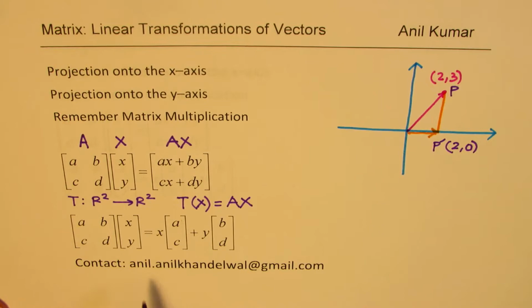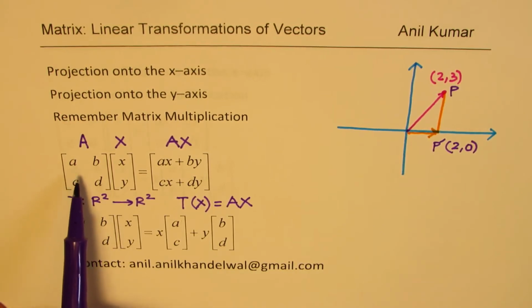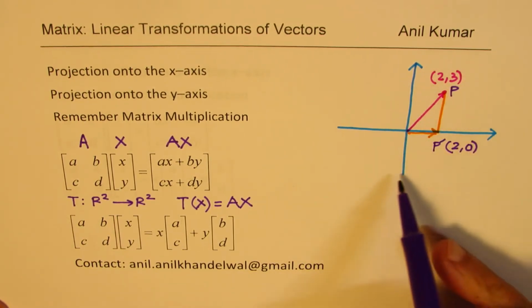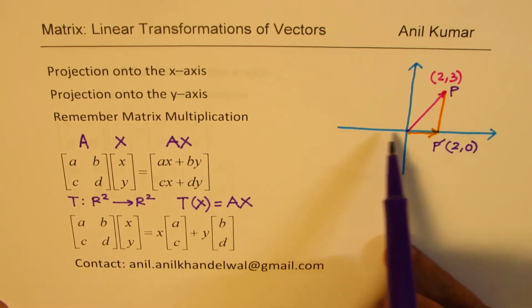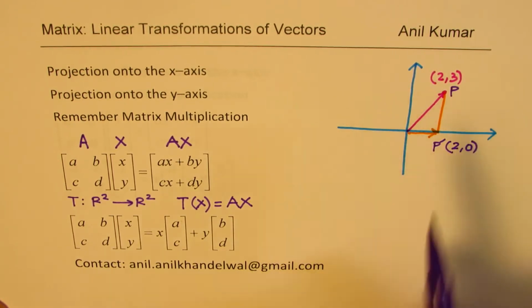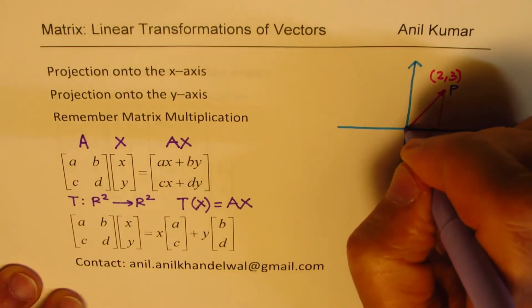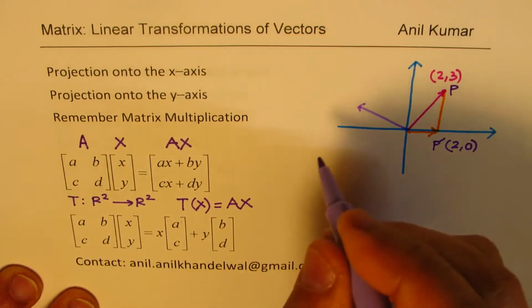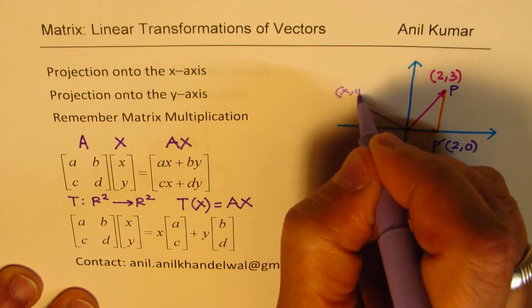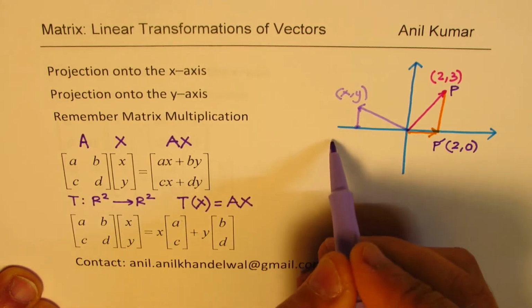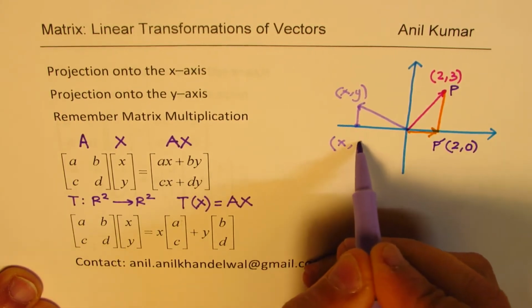And in this video, you will learn what this 2 by 2 matrix A should be, so that we could get the projection of all the points in our plane on the x-axis. In general, if I have a point (x, y), then its projection on the x-axis will be (x, 0), right?